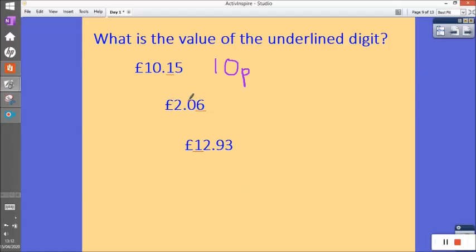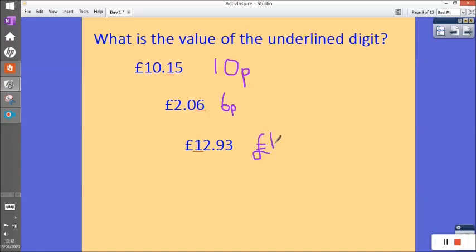Remember, we've got our pounds, decimal, pence. We've got nothing in our tenths column, so it becomes 6 pence. And £12.93. We're this side of the decimal point, so we know it's going to be pounds. It's not in our units, but it's in our tens column, so it becomes £10.